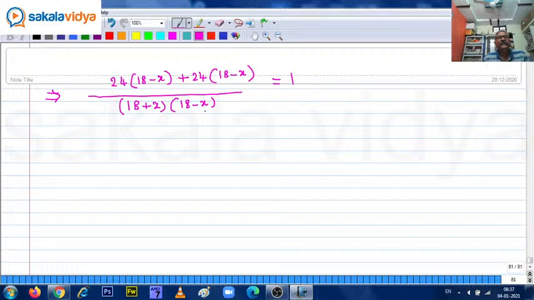See, this is (a plus b) into (a minus b). This we need to simplify. 24 times 18. 18 4s are 72. 36. 432. This will be 432.